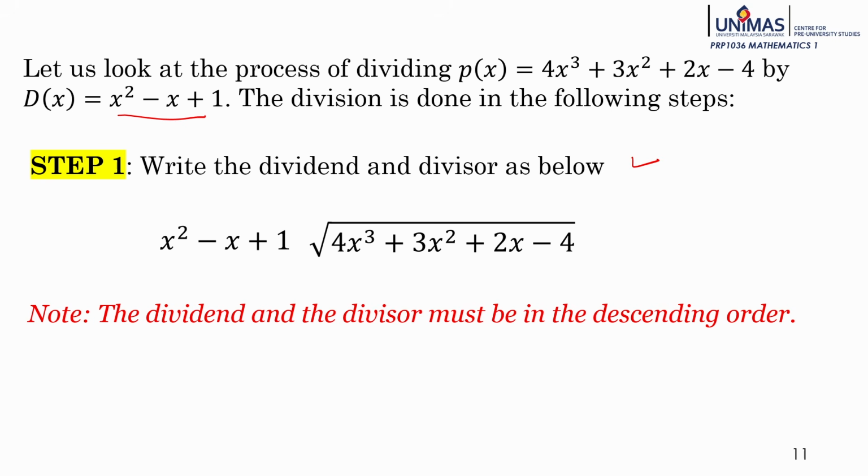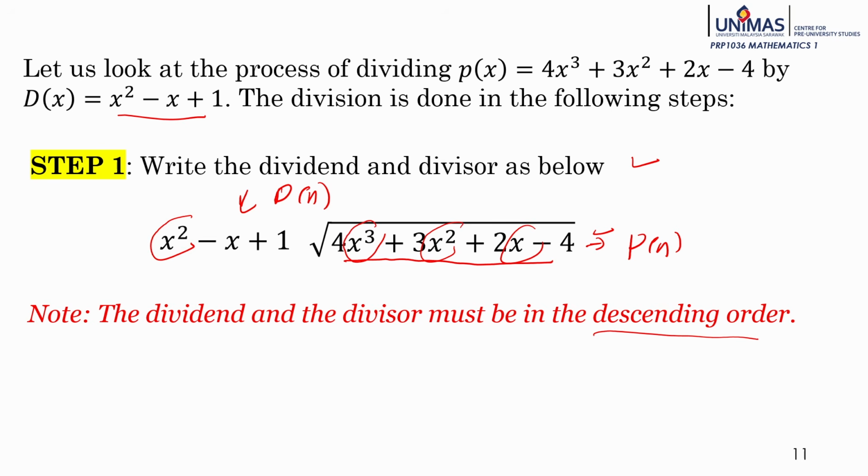Inside here is p(x), and outside here is d(x). The dividend and the divisor must be in descending order, so starting with x cubed, we put x squared, x, and then the constant. Similarly, start with x squared, then x, and then the constant.